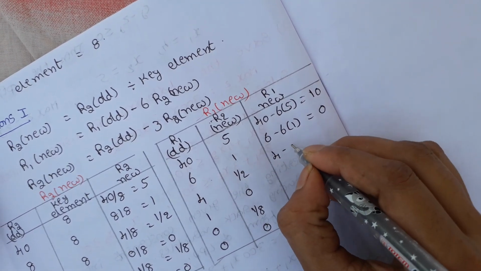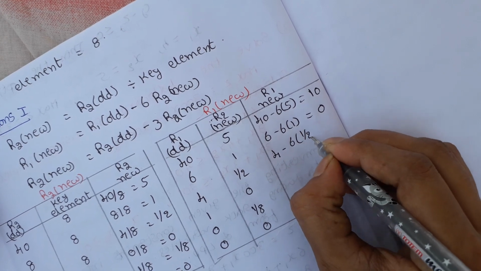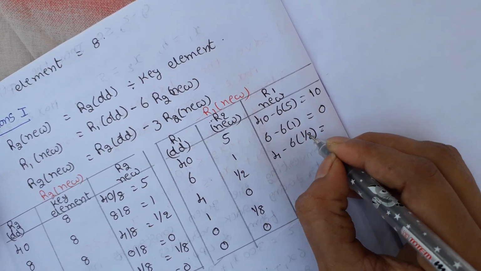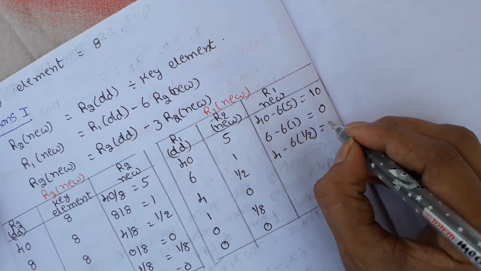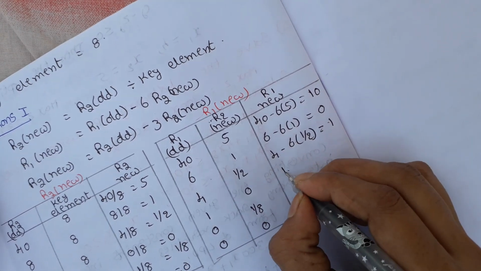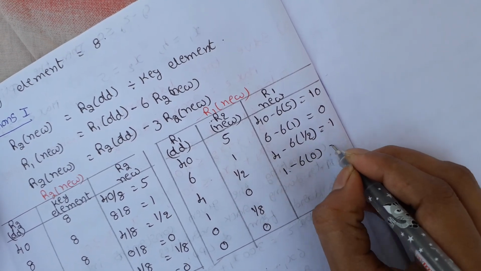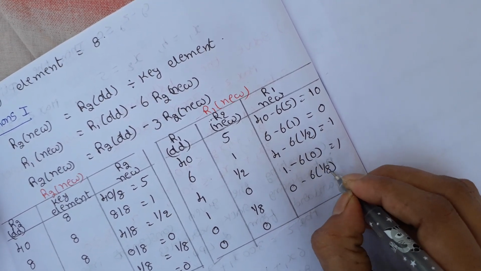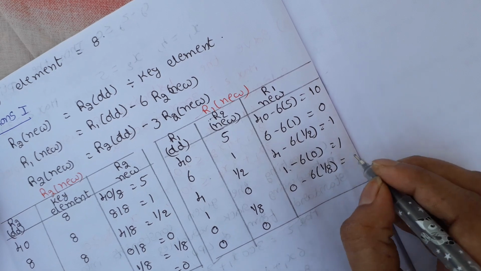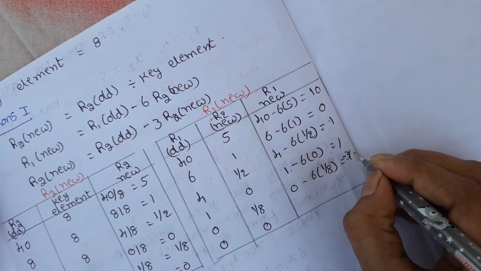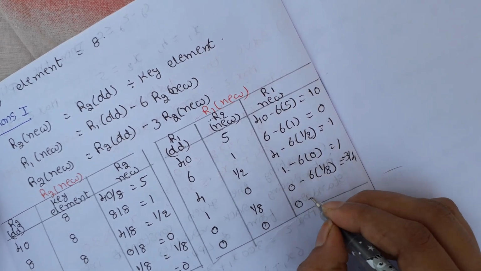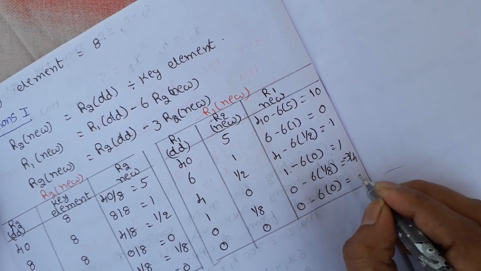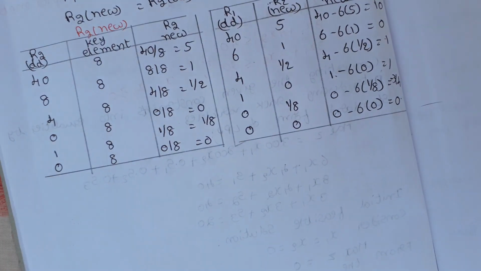Next, 4 minus 6 into 1 by 2. 6 into 1 by 2 is 3, and 4 minus 3 equals 1. 1 minus 6 into 0 equals 1. 0 minus 6 into 1 by 8: 6 by 8 is 3 by 4, so minus 3 by 4. Last one, 0 minus 6 into 0 will become 0.